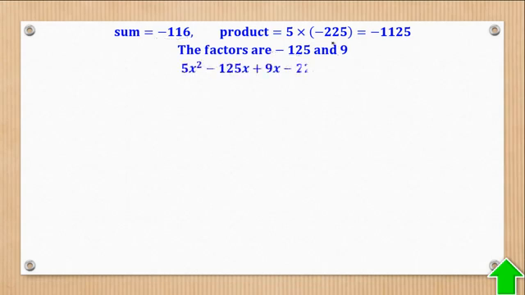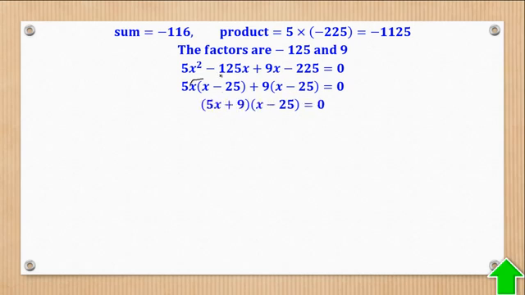Therefore, I'll replace the middle term with these two factors and factorize each group by grouping. So this first group, the factorization is this, for this, the factorization is this. You've already watched the video of factorization of algebraic expressions in week 1, I believe. By now you know how to factorize. So this with this gives you this, and this comes here.